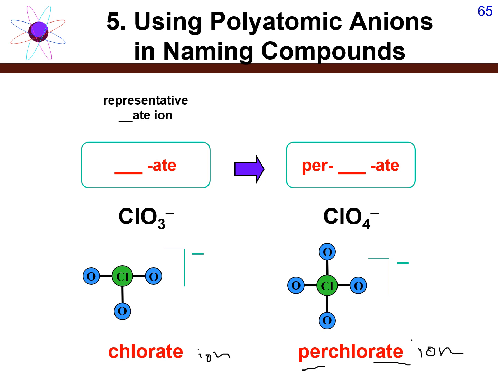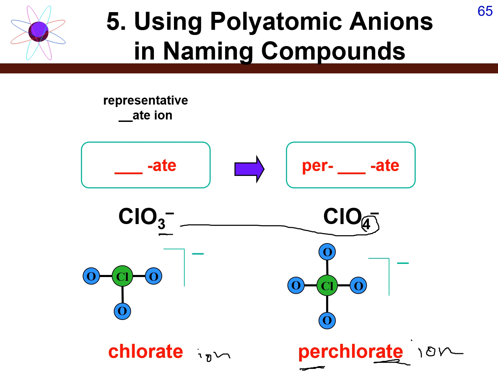In the previous slide, we took chlorate and lost 1 oxygen to get chlorite, or lost 2 oxygens to get hypochlorite. Here we're actually gaining 1, from 3 to 4. We keep the chlorate and just add per in front of it. And that means that we took our representative ion chlorate, and we have 1 extra oxygen on there.